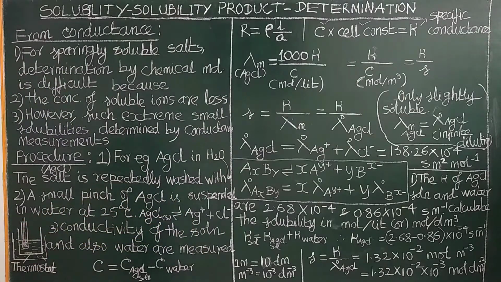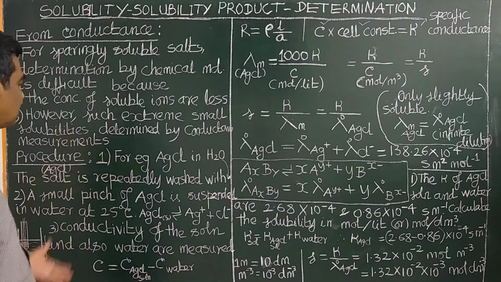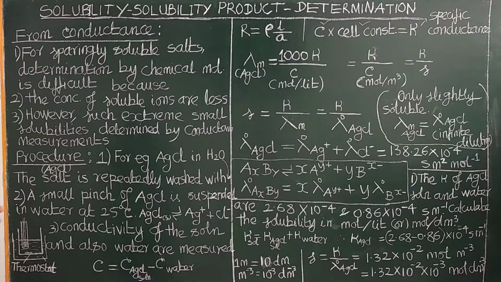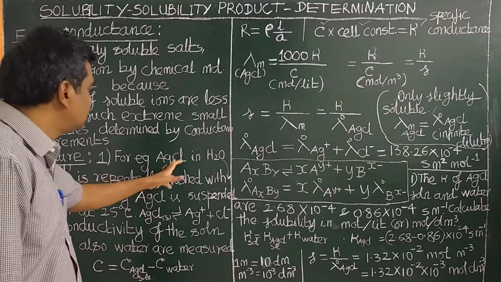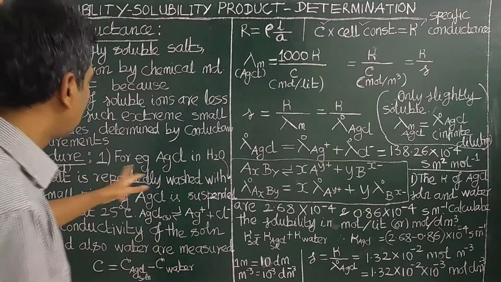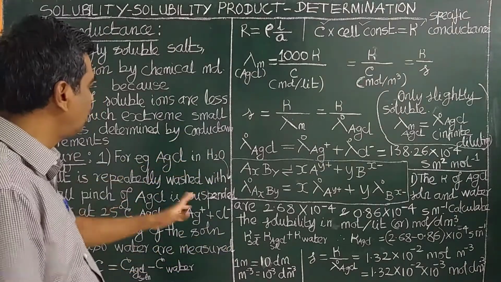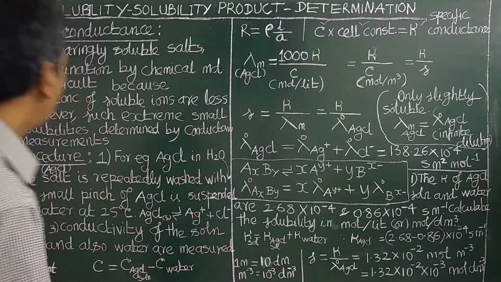Now we will see the procedure. What are the steps involved in determining the conductance of a sparingly soluble salt, for example, silver chloride in water? Determination of solubility and solubility product of silver chloride in water.